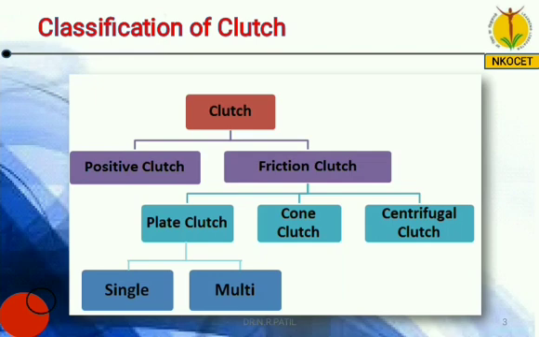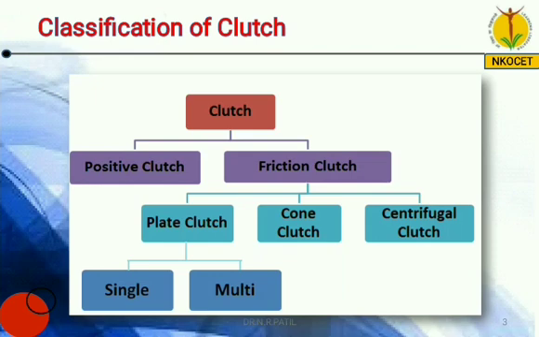Now, the plate clutch is further classified into two categories: single plate clutch and multi plate clutch. In the last lecture I told you that single plate clutch is used when the space available is more, and multi plate clutch is used when the space to mount the clutch is very less.